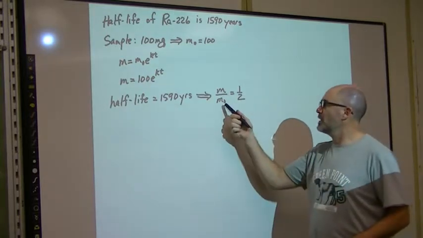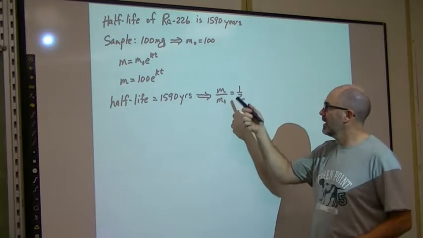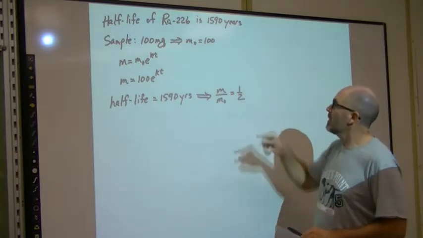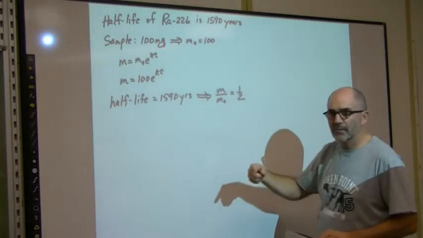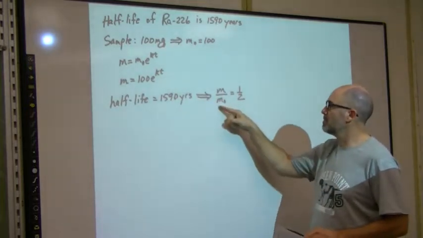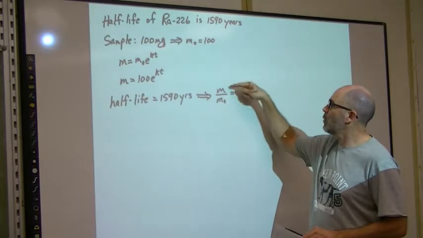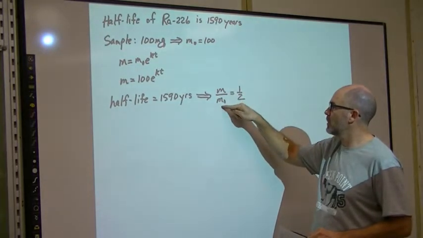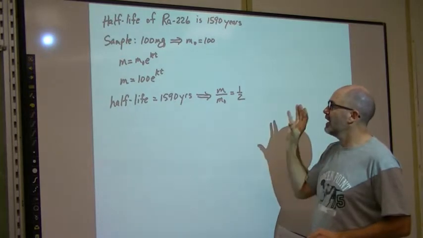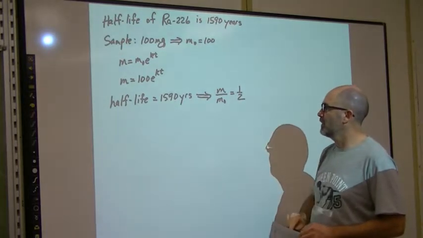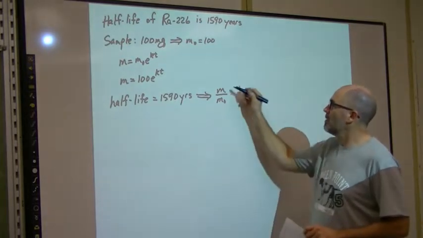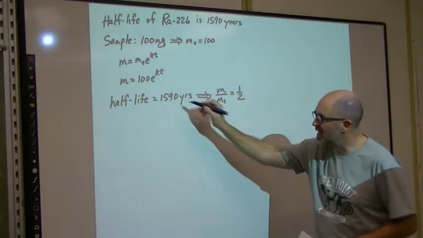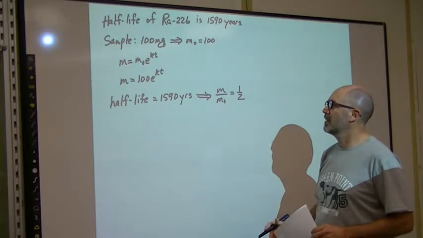Notice M sub O is the initial mass, and M is the mass at any time. So remember, the mass is deteriorating. So M sub O is going to be the most mass we ever have. Well, when the mass we have divided by the original is 1/2, then that's the half-life. So M over M sub O is going to equal 1/2 when t is 1590.